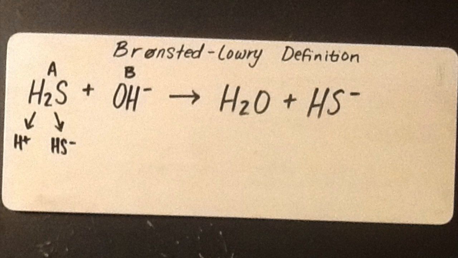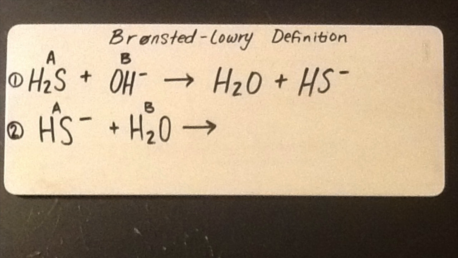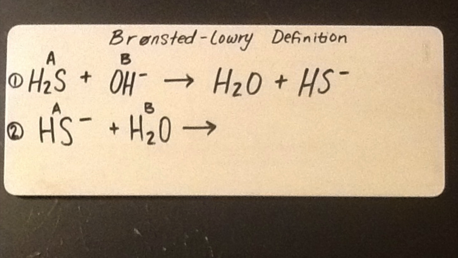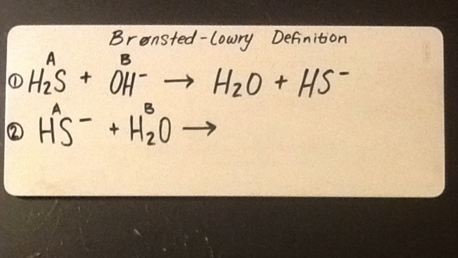Okay, if we go on to step 2 then, what could happen, theoretically, all right, is maybe that water and that HS minus undergo yet another proton transfer. Okay, so step 2, HS minus is going to be our acid, sorry about that, because it still has that H plus, it still has one more left to give, and now we have water that's going to be our base.